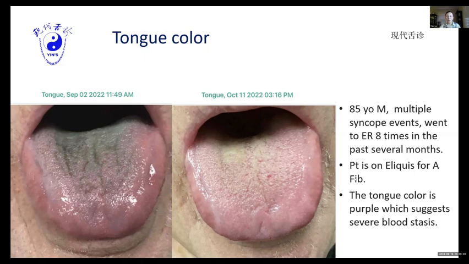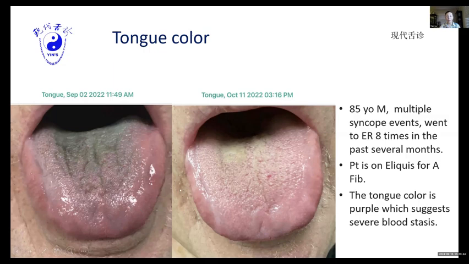This is a very interesting topic. A lot of patients nowadays are on anticoagulation, right? This patient is also, because of his AFib, on Eliquis, an anticoagulant. So people say, oh, you're on anticoagulation, should we use herbs to help with the blood flow?